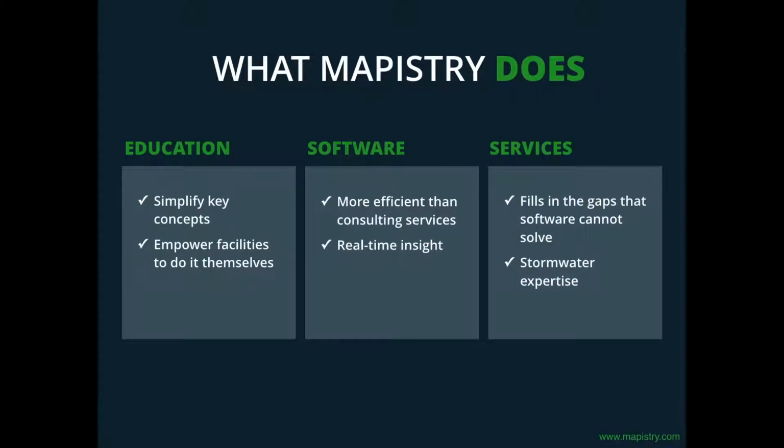And the last piece we offer is like a conventional consultant and engineering firm, everything from BMP design to trainings to developing SWIPs and site maps, filling in the gaps wherever we can't do it with the training and software components.